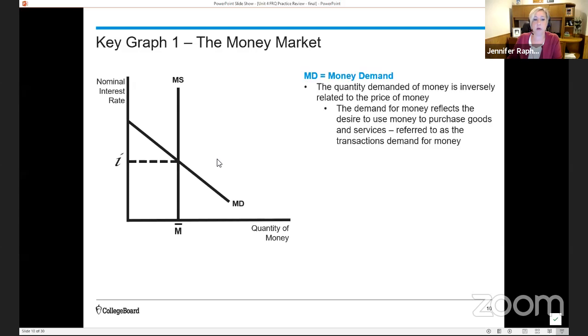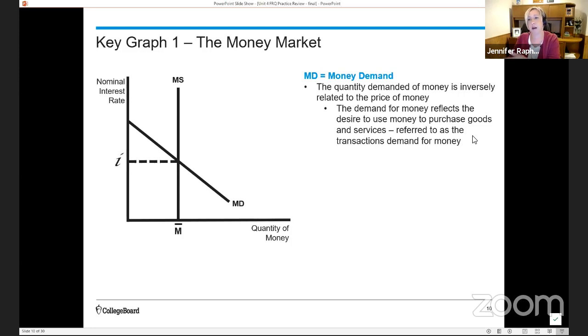Now, the money demand curve shows this inverse relationship between the price of money and the quantity of money demanded. The demand for money in this model represents the desire to use money to buy goods and services, or the transactions demand for money.